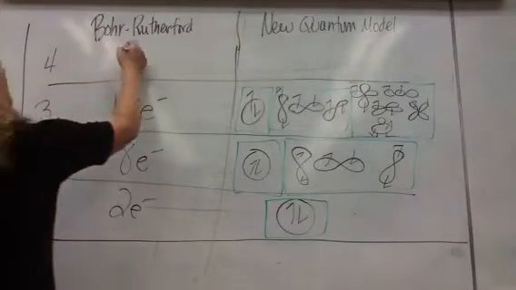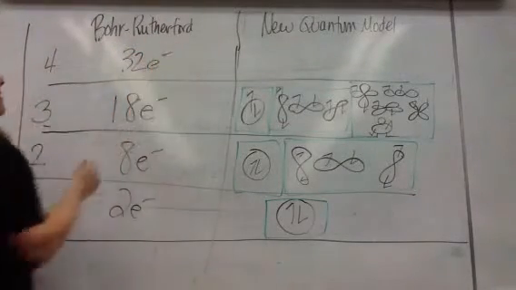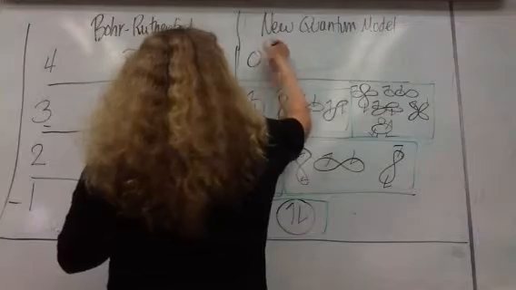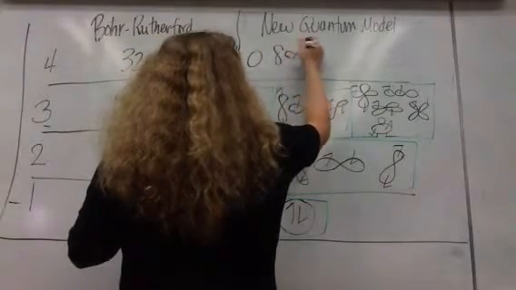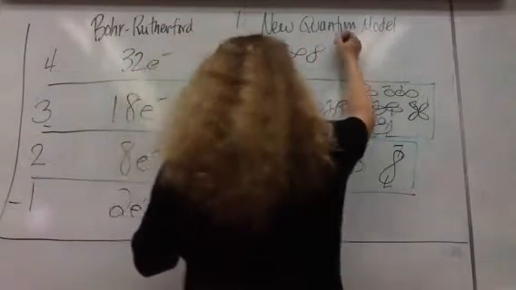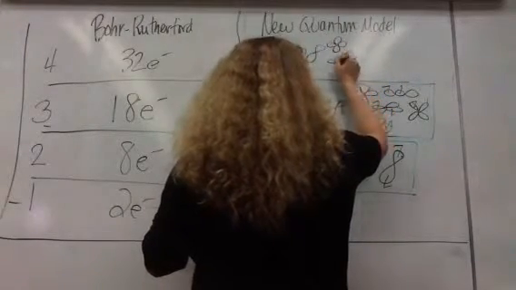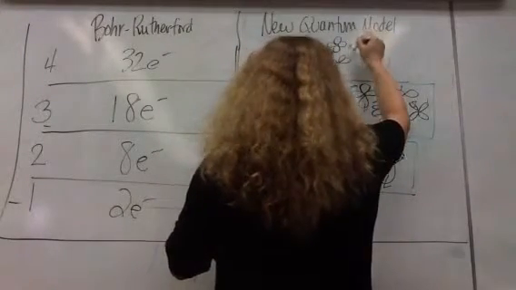Up on the fourth main energy level, what did we know under the old model? 32 electrons. Not all that exciting. Under the new one, what are all the things we know? We've got an S. We've got our P's. Oh, please don't make me draw the D's again. Really? I hate drawing the D's.